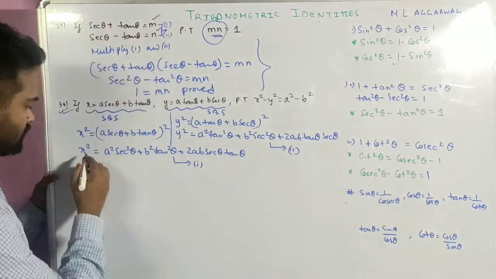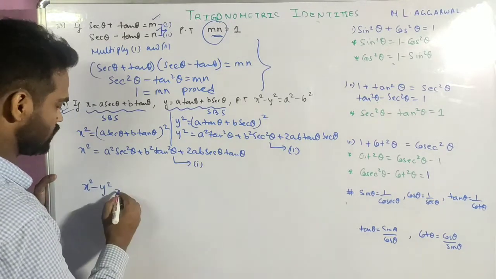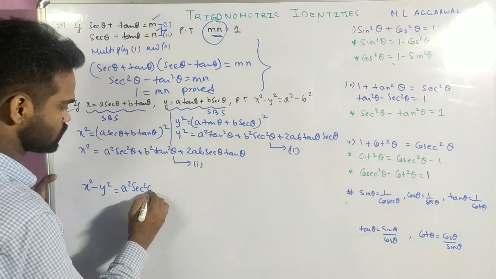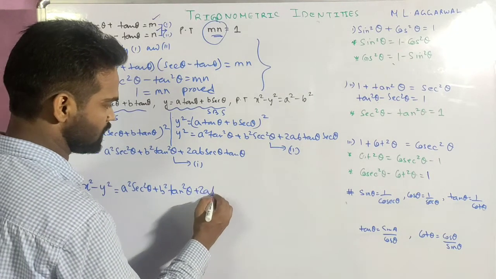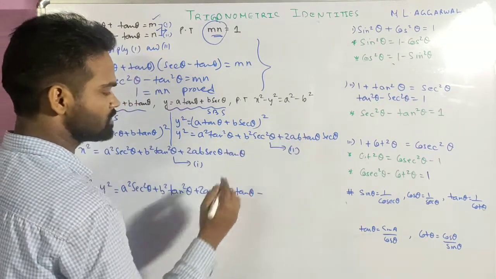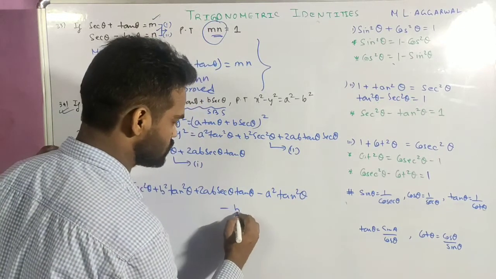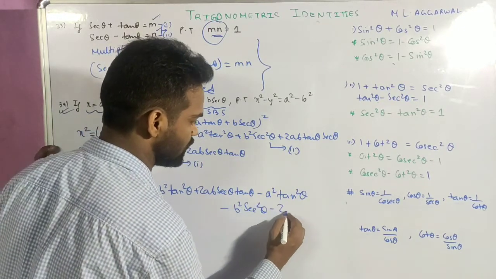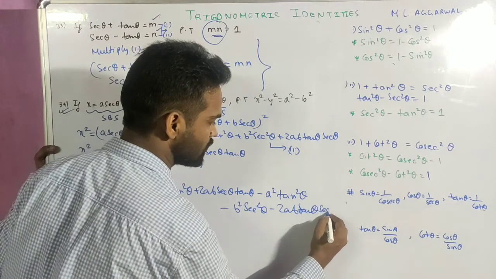Now this is your expression 1, this is your expression 2. 1 minus 2. X square minus y square equals, x square is what? A square sec square theta plus b square tan square theta plus twice ab sec theta tan theta, minus this entire thing: a square tan square theta minus b square sec square theta minus twice ab tan theta sec theta.